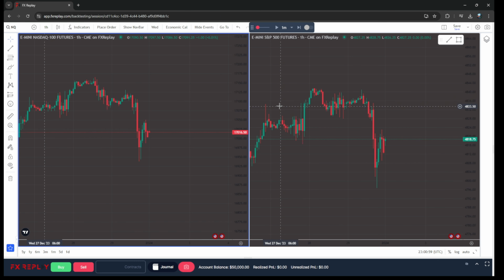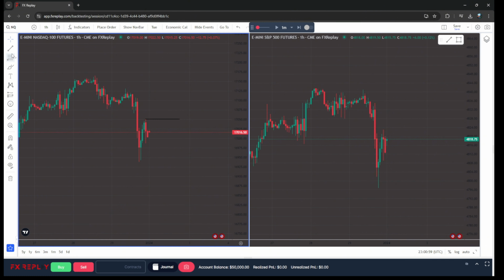Okay, so here's a good example of an SMT divergence. This is NASDAQ and ES. You can see the correlated pairs, high, low, low, you get the point. Just looking at market structure, we have a high here, same on S&P 500.